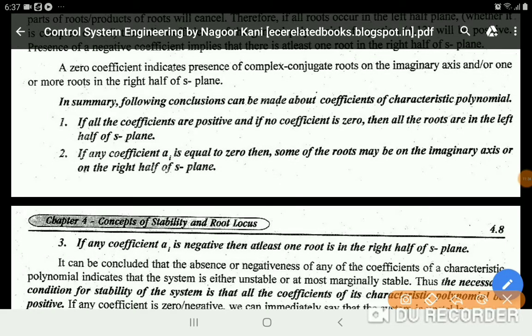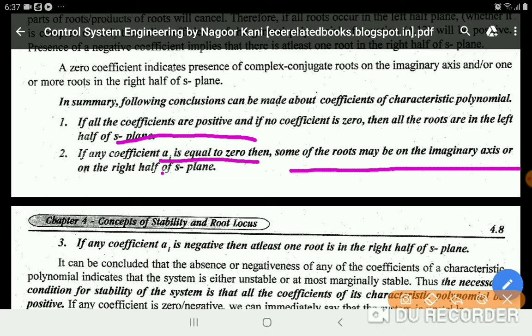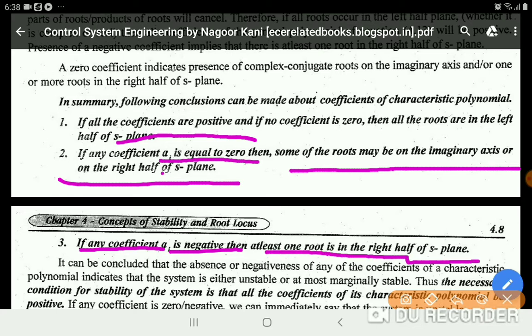Then second point, if any coefficient ai is equal to 0, then some of the roots may be on the imaginary axis or on the right half of the S plane. Then third point, if any coefficient ai is negative, then at least one root is in the right half of the S plane.